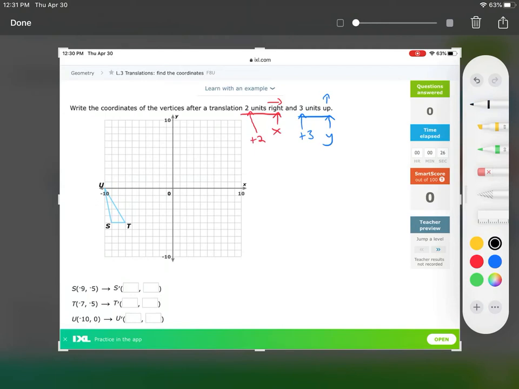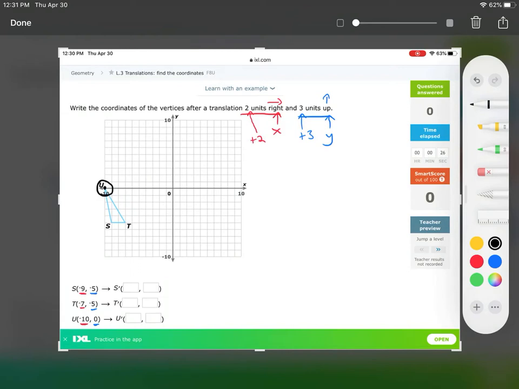So each of these points here, so here's S, this is the X for point T and point U. And here are the Y's for each of those 3 points. Now, if I look at U right here, I'm circling U, that point is at -10, 0, because this point right here is basically from the origin 10 to the left, nothing up and down.